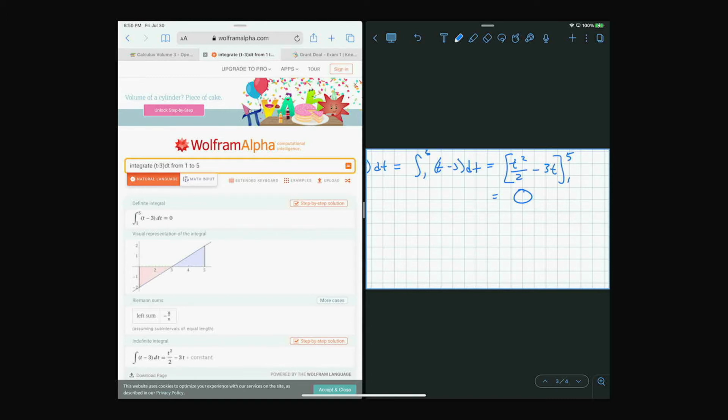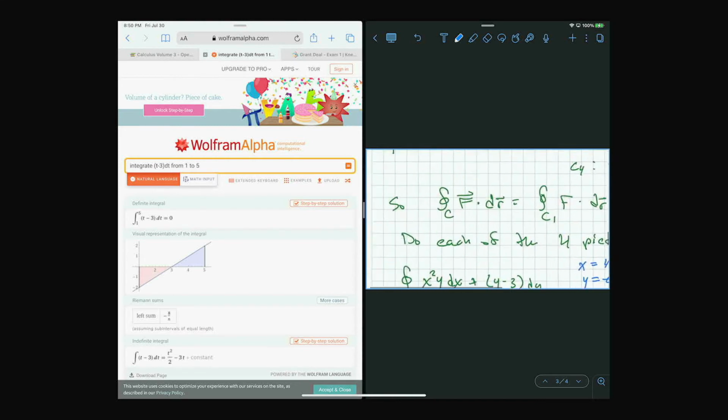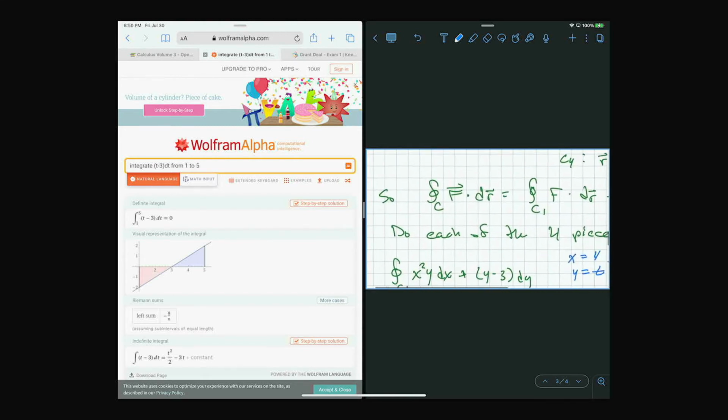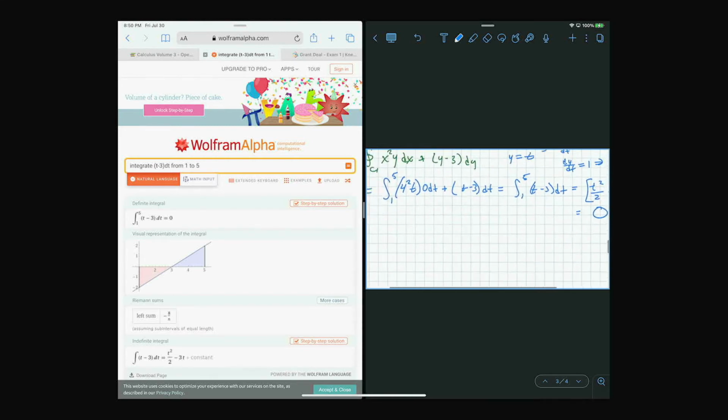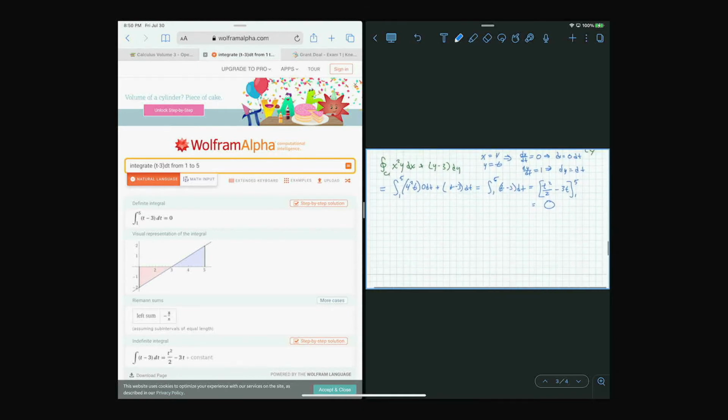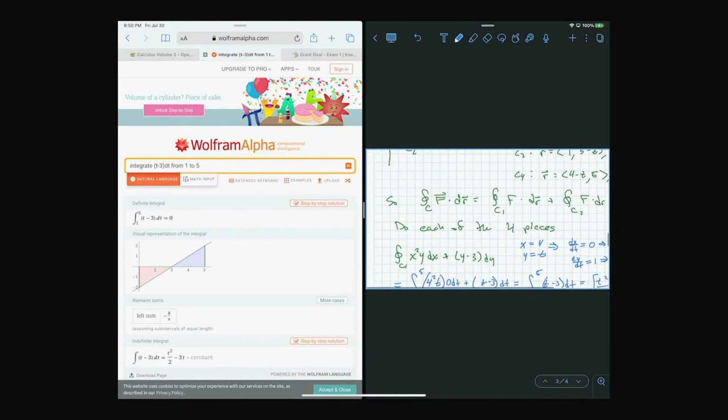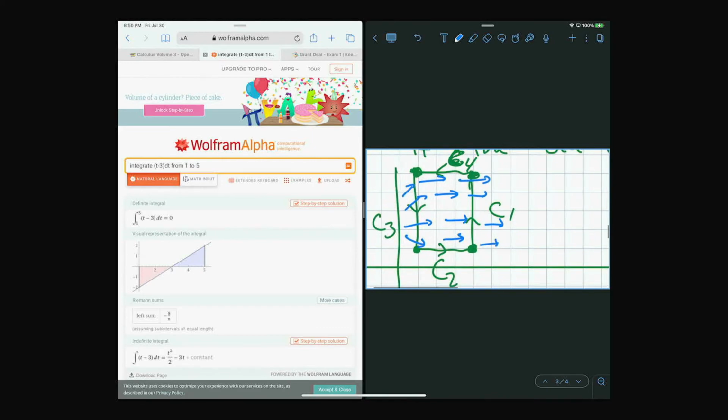Oh, actually, yeah, it makes sense. You can't really tell on my picture, but if I had drawn this better, the vector field is slanted up and to the right here, and down here it's slanted down and to the right.